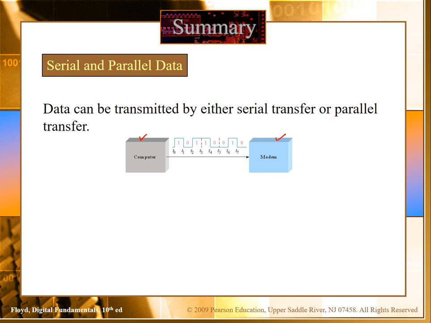Serial transfer means, for example, that for the first time period, between T0 and T1, it is transmitting binary bit 1. Then for the next time it is transmitting 0, and then for the next period it is transmitting 1 again, and again 1.